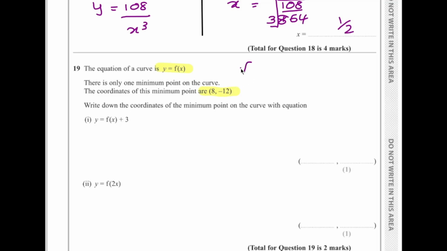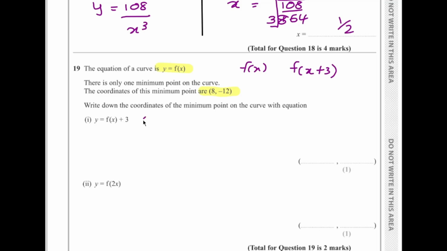If you notice that this change had been taken inside brackets, it is still translation, but it is on the x-axis, so the curve will move horizontally. If it is out of bracket, the curve will move vertically. In this case, this is out of bracket. Therefore, the curve will move vertically upwards.